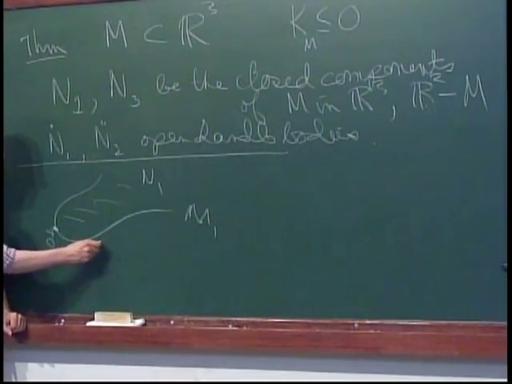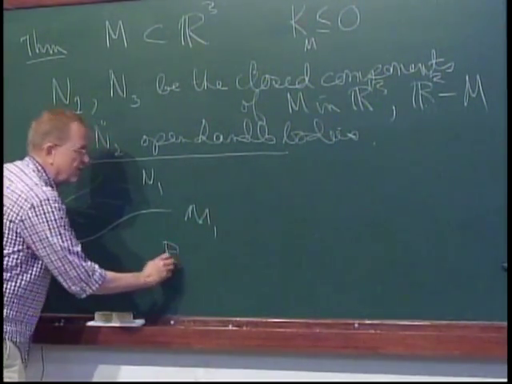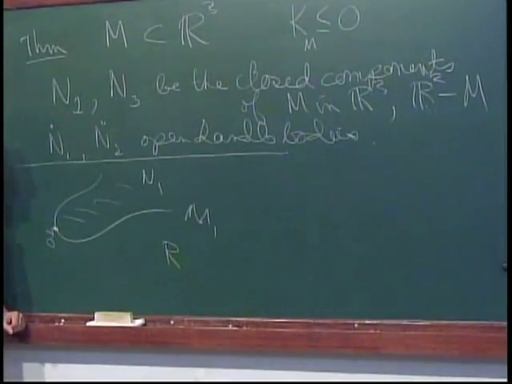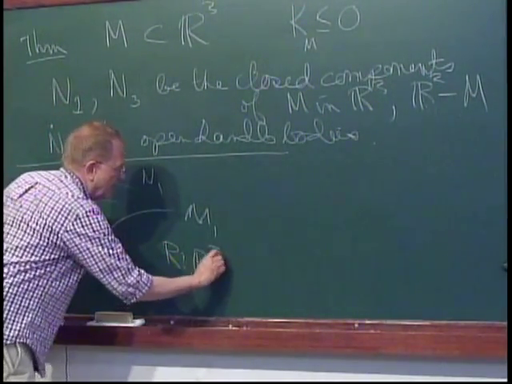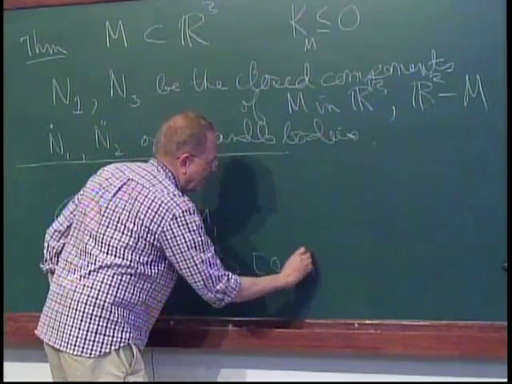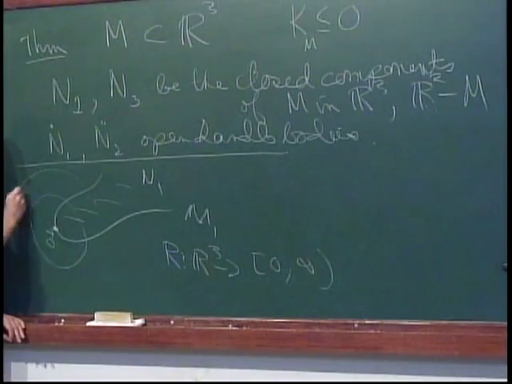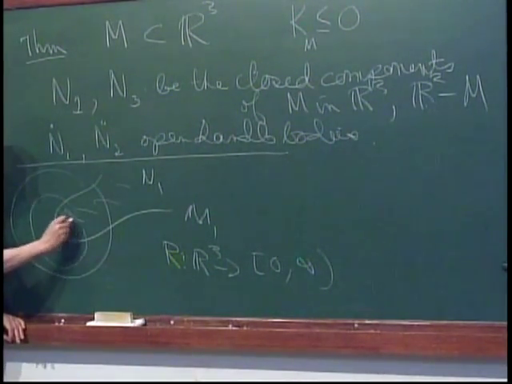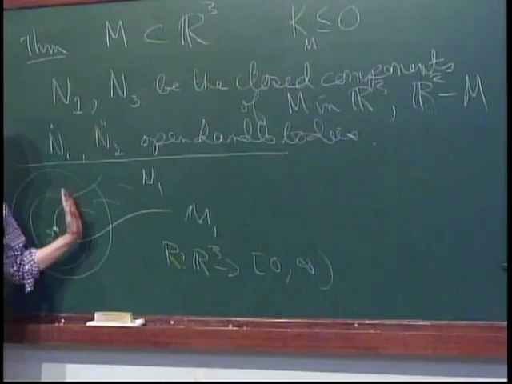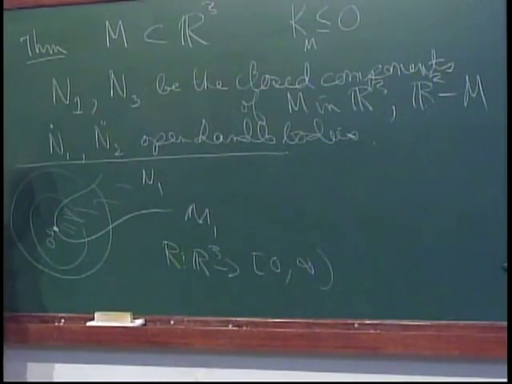So I'm going to look at the distance function, the radius function r in R3, that takes R3 to [0, infinity). And I just want to try to imagine what happens to this region as I take different values of r, as r changes.